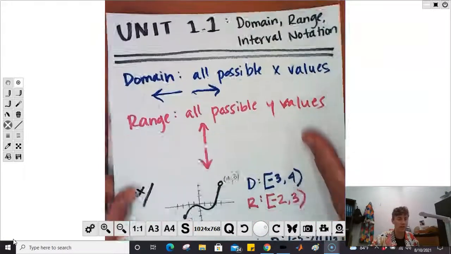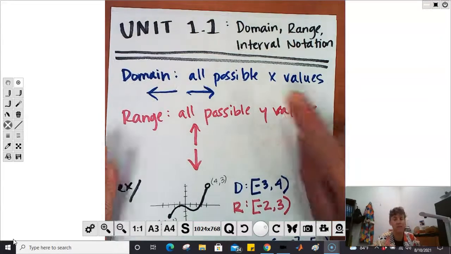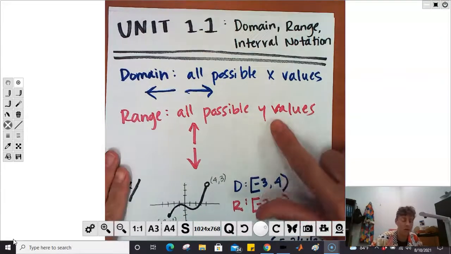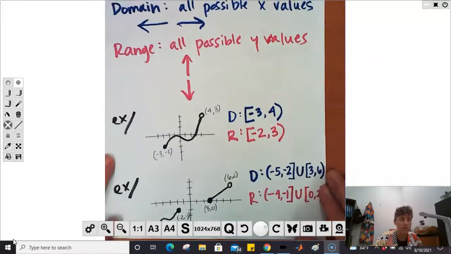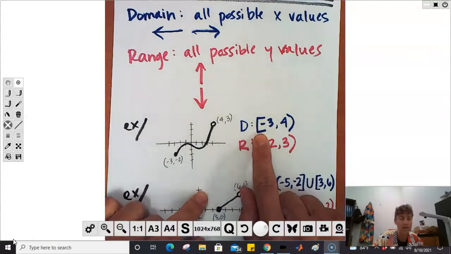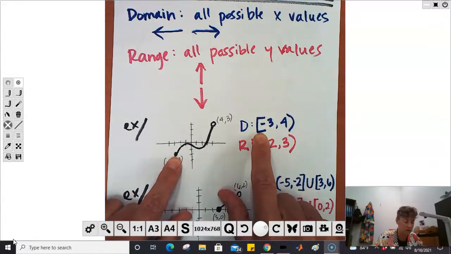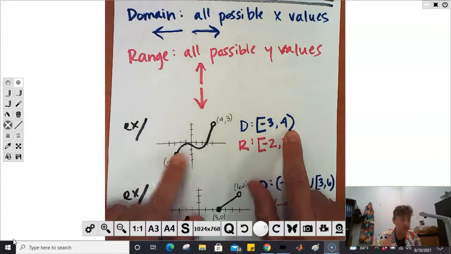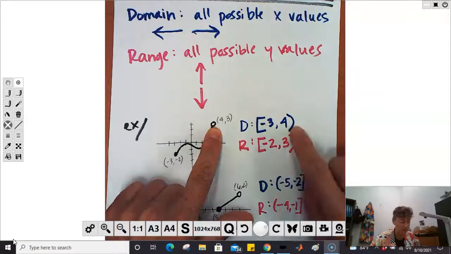All right, let's recap real quick. What did we talk about? In the first pre-calculus lesson, we talked about what domain and range are. Domain is all possible x values in the left and right direction, range all possible y values, up and down direction. Then we talked about using interval notation. Use a bracket when you actually touch a value, which would correspond to a closed circle. Use a parentheses when you don't actually touch a value, aka an open circle, or as we just talked about, infinity.